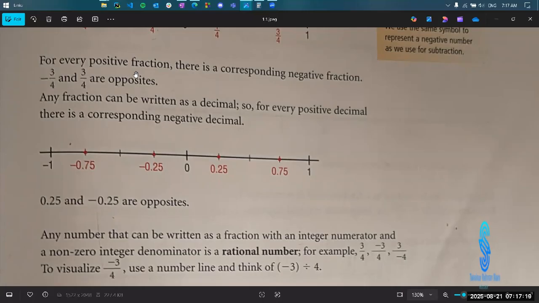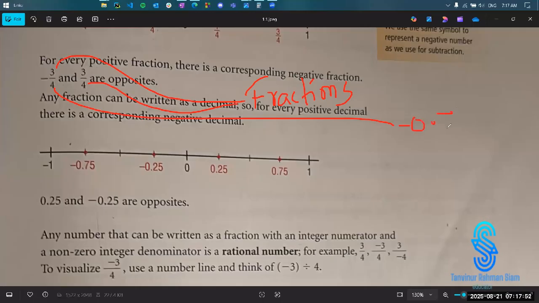And this particular thing and this particular thing, both are known as fractions. And if you solve this particular fraction, minus 3 divided by 4, you will get hopefully negative 0.75, right?